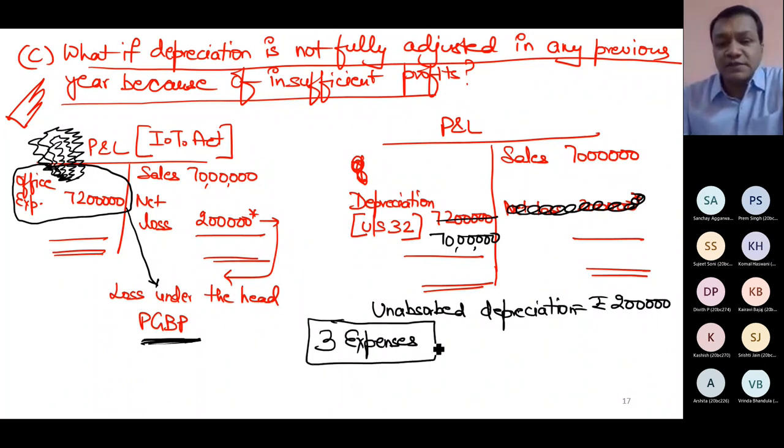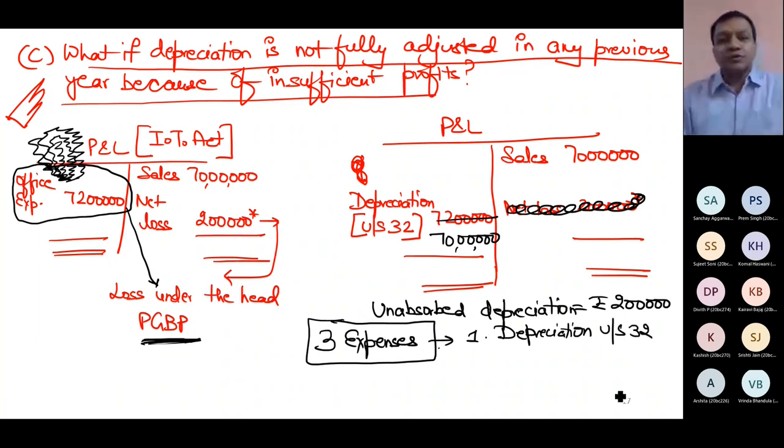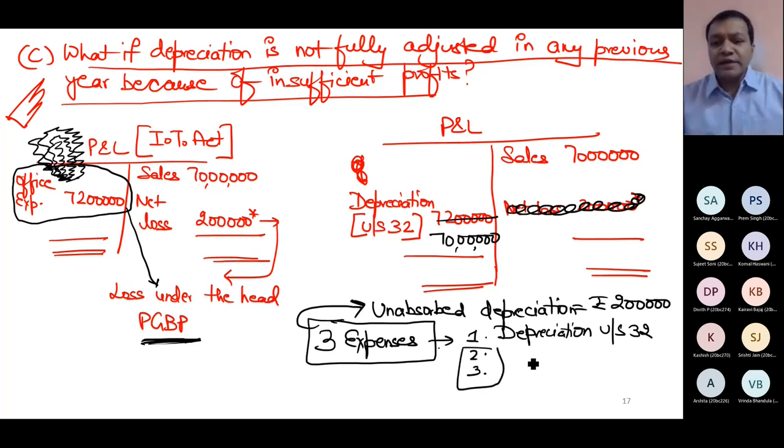One such expenditure is depreciation under section 32, and the other 2 I will tell you later on. They will not become a part of business loss. Only that much which can be adjusted will be adjusted. Pending if remains, they will have their own identity under the Income Tax Act, and in future will be called unabsorbed depreciation.